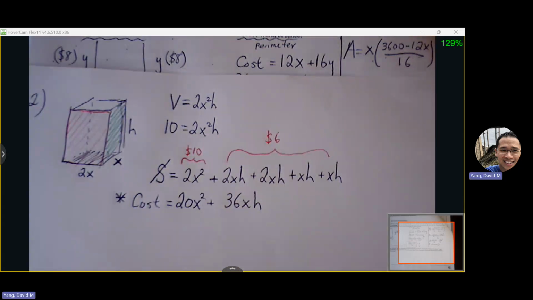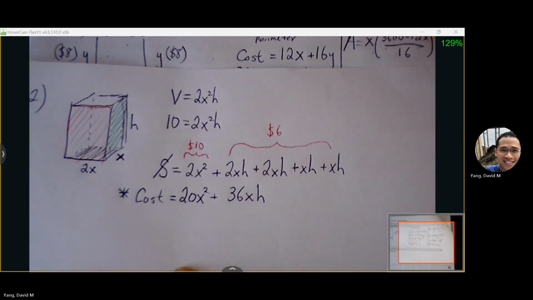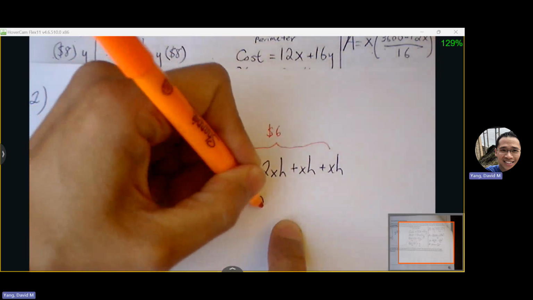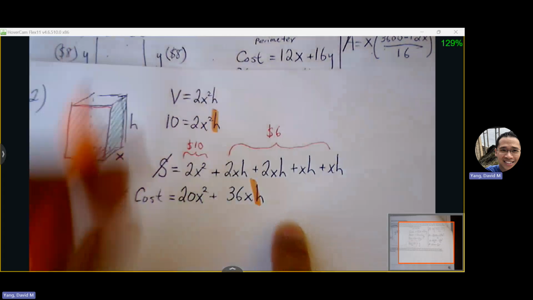So which variable should we try to replace? h, yeah. So I'm going to replace h, and over here I'm going to solve for h.